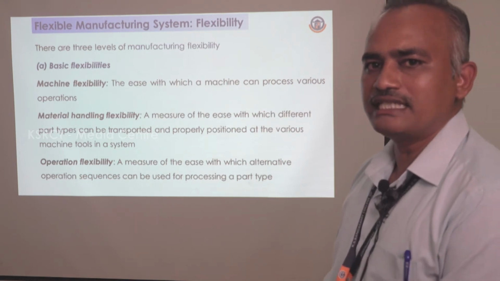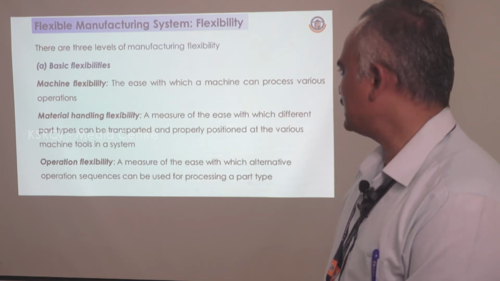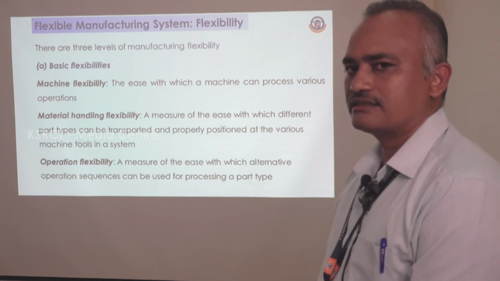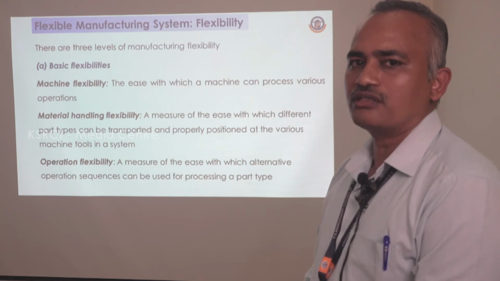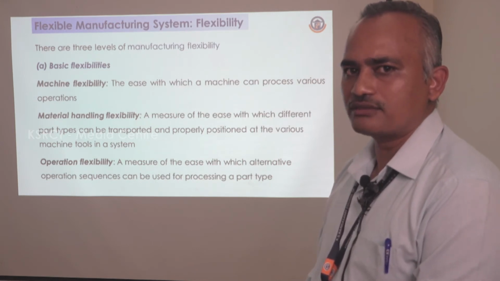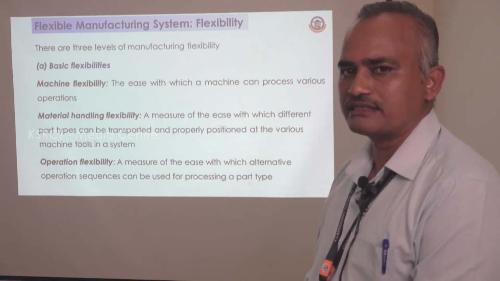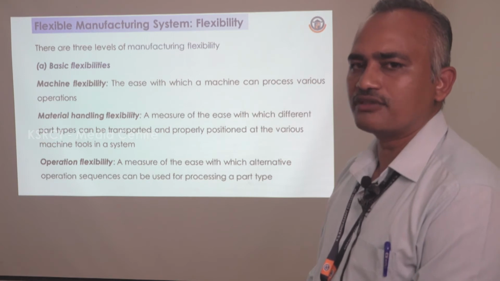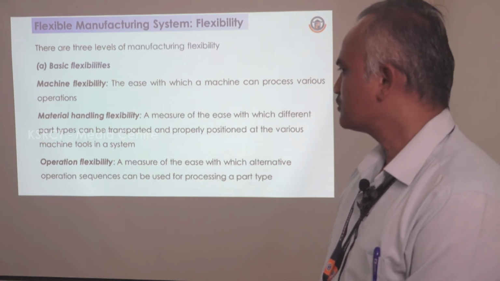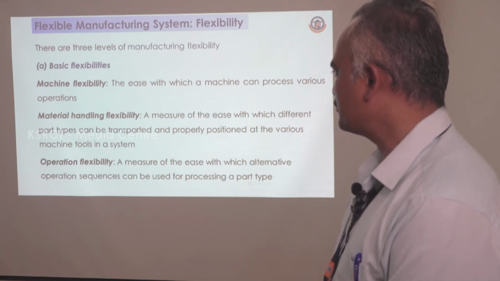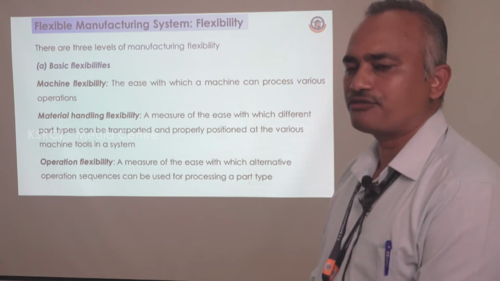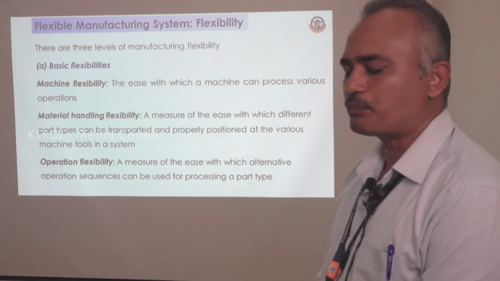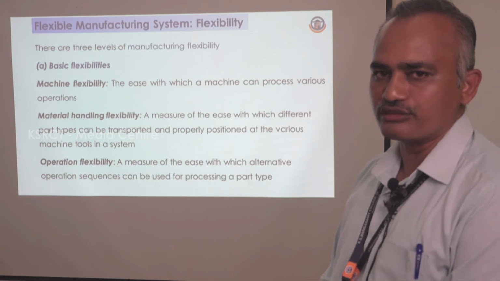Machine flexibility means the machine can process various operations. Suppose you accommodate one particular machine for specific operations; during flexible time we can make use of that machine for the next operations. That is machine flexibility. Material handling flexibility is a measure of the ease with which different part types can be transported and properly positioned at various machine tools.